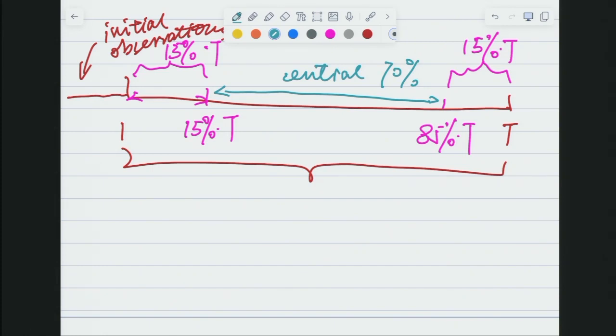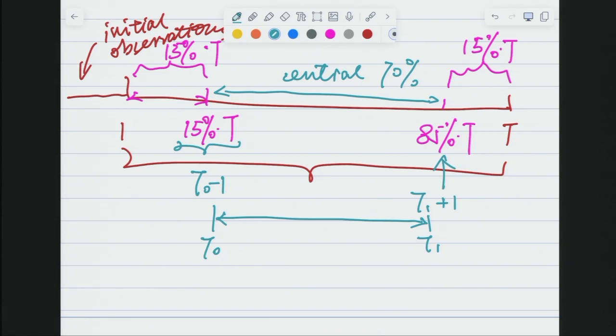Then the idea here is, suppose this is tau naught, so minus 1, and here this is tau 1 plus 1. What really marks the start of our search is tau naught all the way until tau 1. For example, imagine 1 to 100.